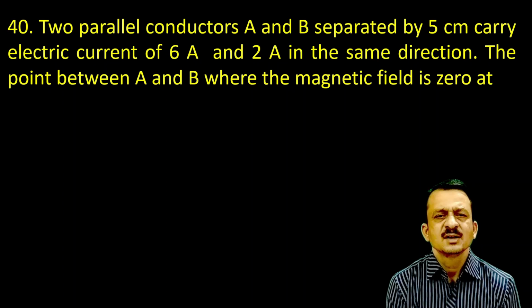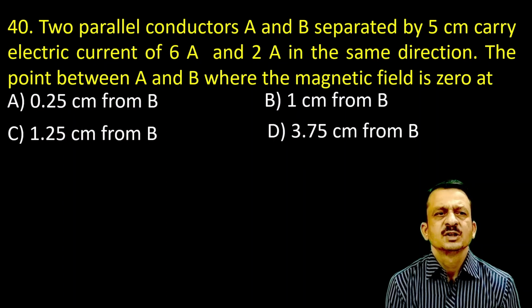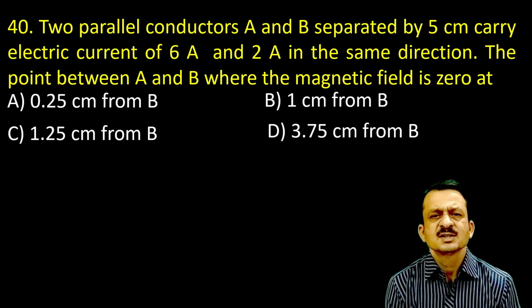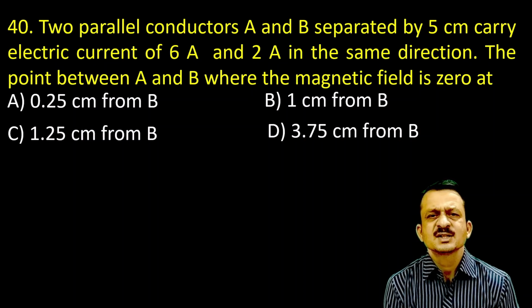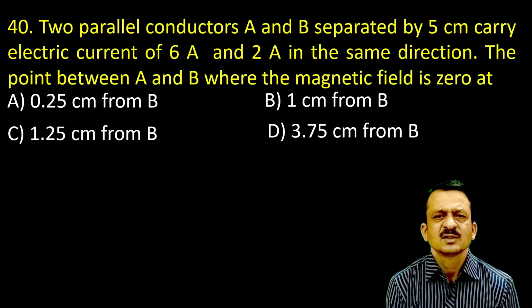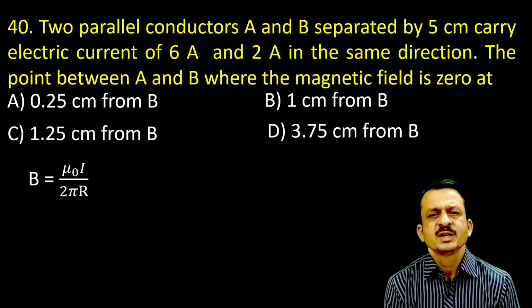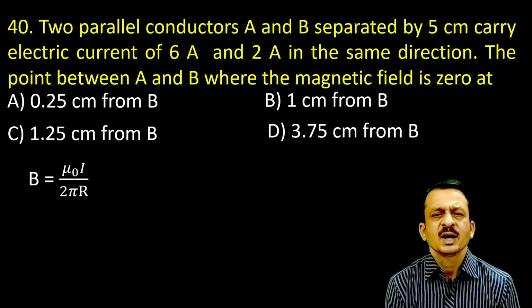Remember this point. The options: 0.25 centimeter from B, 1 centimeter from B, 1.25 centimeter from B, and 3.75 centimeter from B. In the answer they have asked the distance from the conductor B, that is the second conductor. Let me choose the distance of the null point from the second conductor as x. We have the expression B is equal to mu naught I divided by 2 pi r.